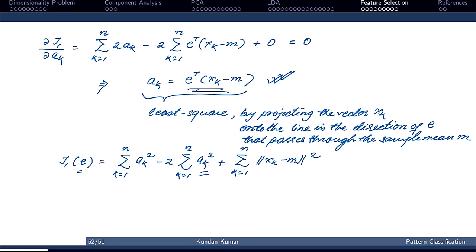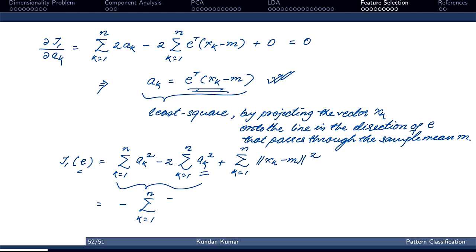So just simplify this term. Here from these two terms we can write summation k equal to 1 to n. Only one AK will remain and we will put the value of AK.